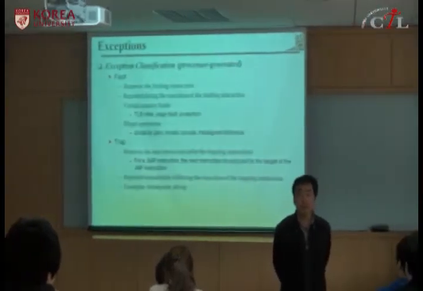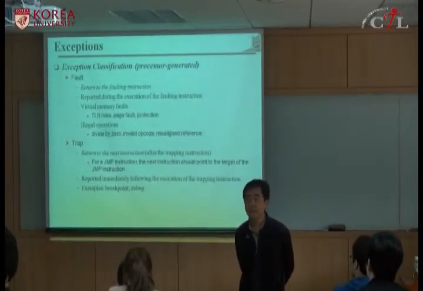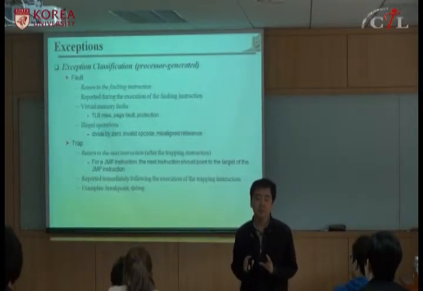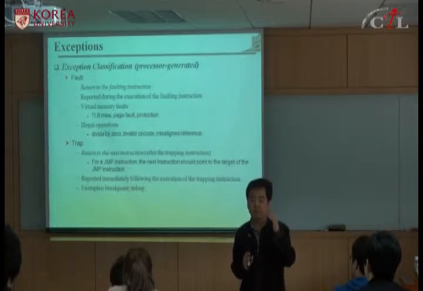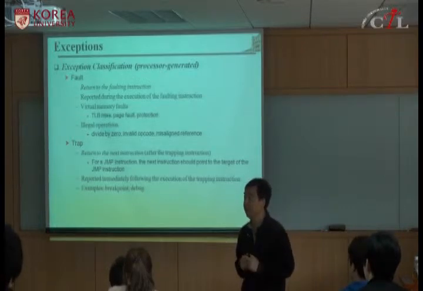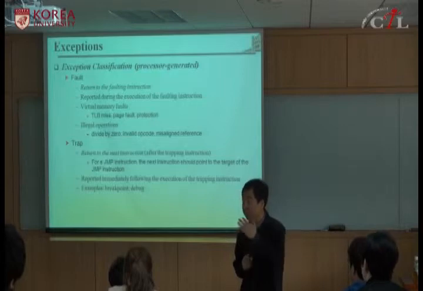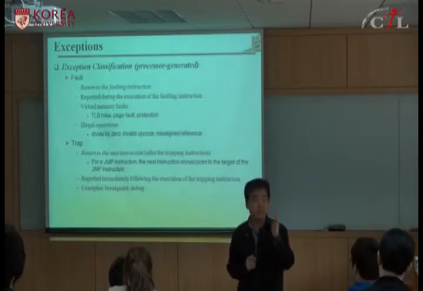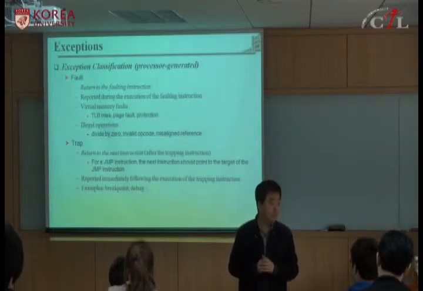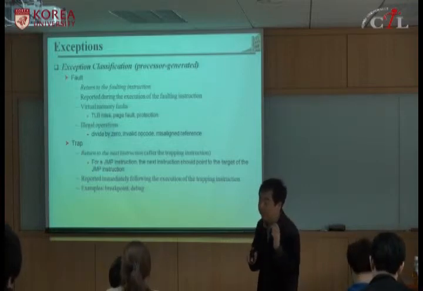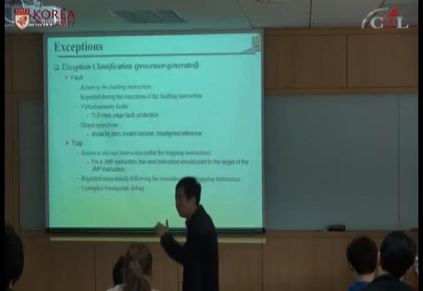Let's think about the debugger. On a debugger, you try to stop the process at a particular instruction. There can be a memory load to a particular address, or there can be some branch instruction. You are trying to look at branch behavior, or you are trying to examine some memory data.